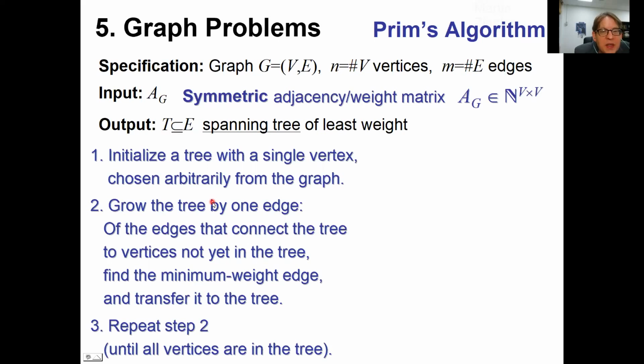And then repeat that until finally all vertices are in the tree. Observe that each iteration indeed adds one edge and one vertex to the tree, so the algorithm will run a linear number of iterations.